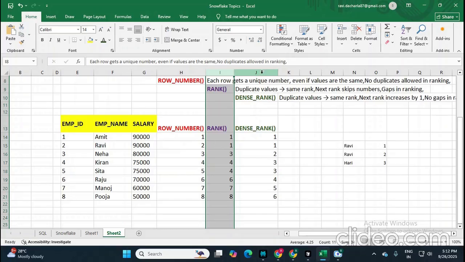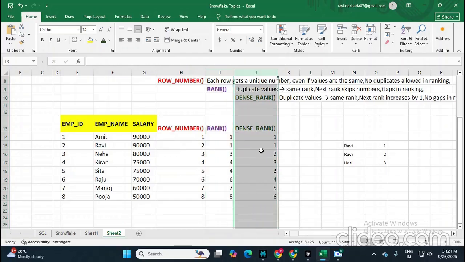And in dense rank, it assigns the same rank to duplicate values, and the next rank increases by 1, which means there is no gap in the ranking, unlike the rank function. So this is the difference between row number, rank, and dense rank.